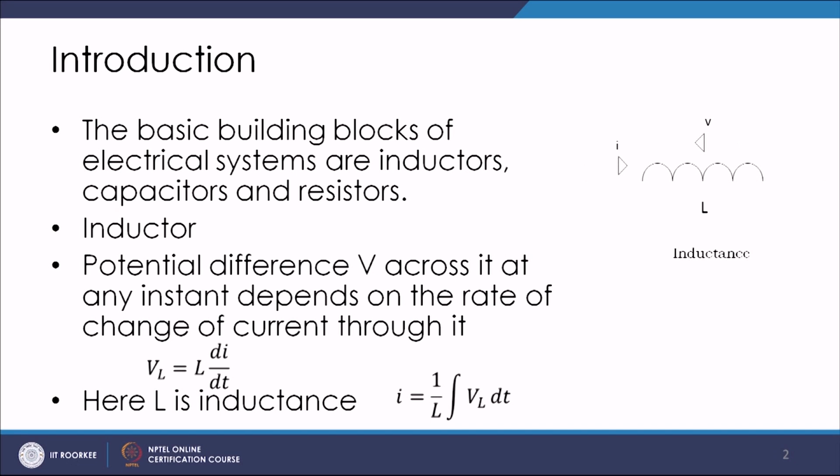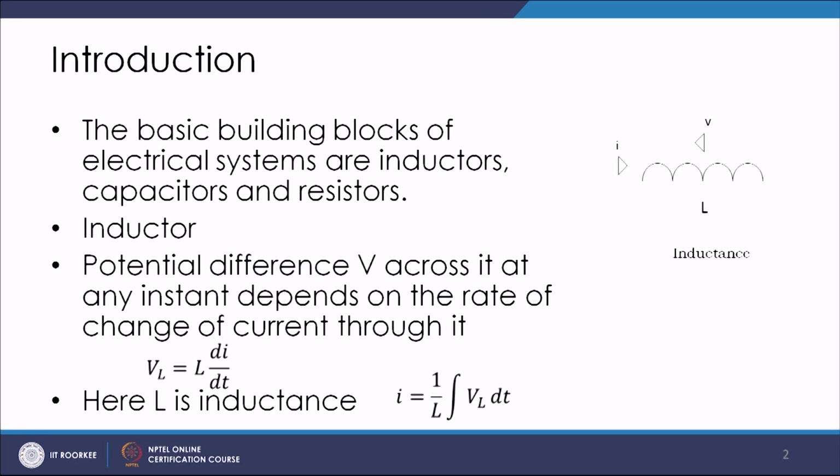In fact, this VL is proportional to di by dt, and when we replace the proportionality sign with a constant, we put L. Here L is what we call the inductance.